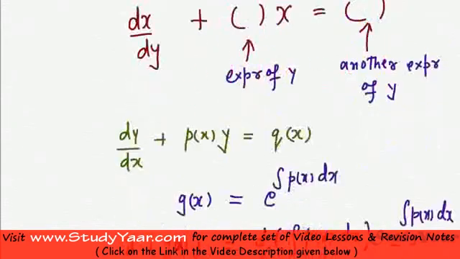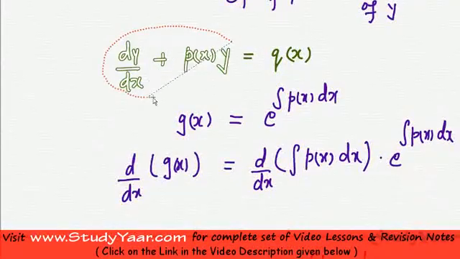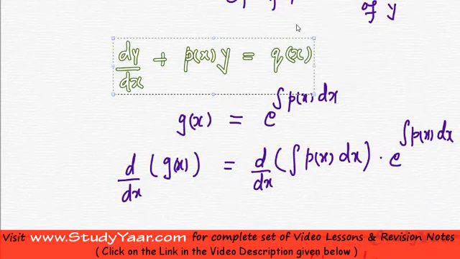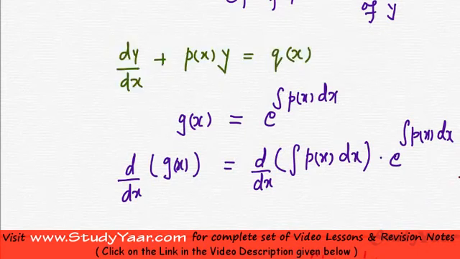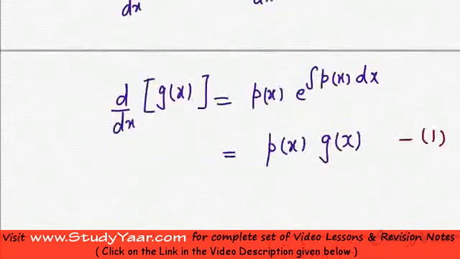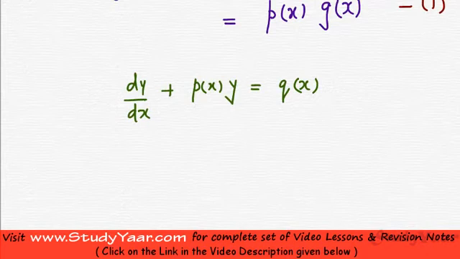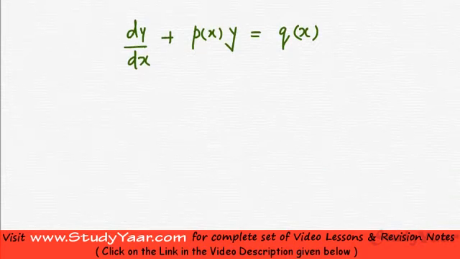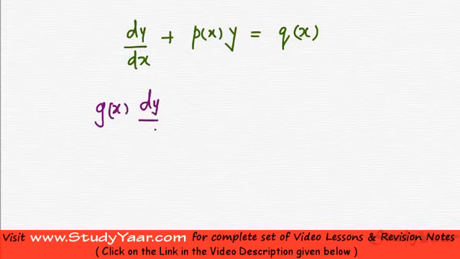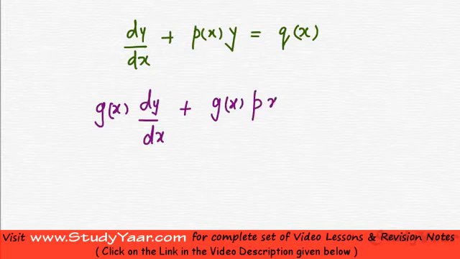Now what I want to do is take the original differential equation, which is my linear differential equation, and multiply throughout by g(x). Let me paste it over here and multiply it throughout by g(x). So what I'm going to get is g(x) dy/dx plus g(x) P(x) into y is equal to g(x) Q(x), right?